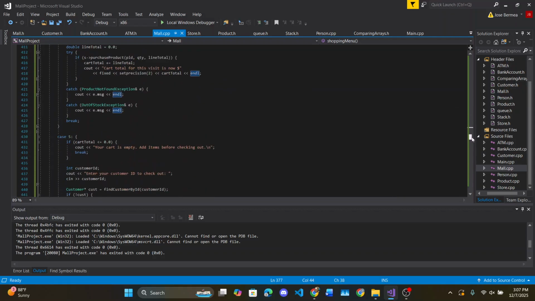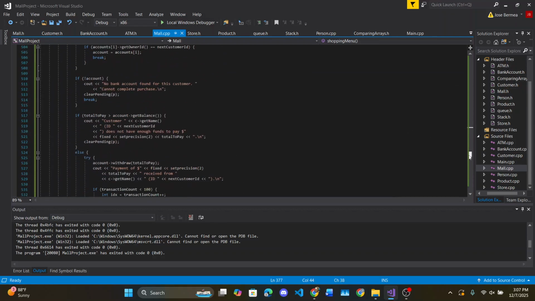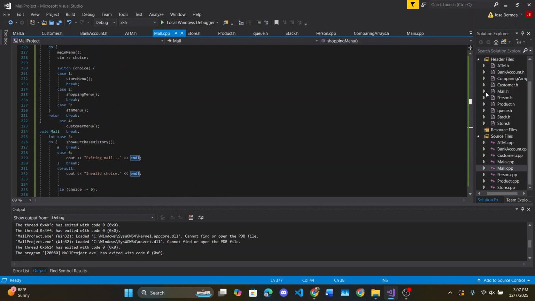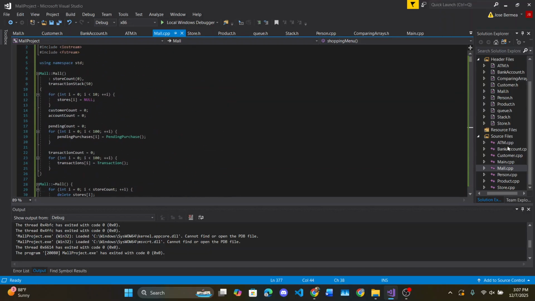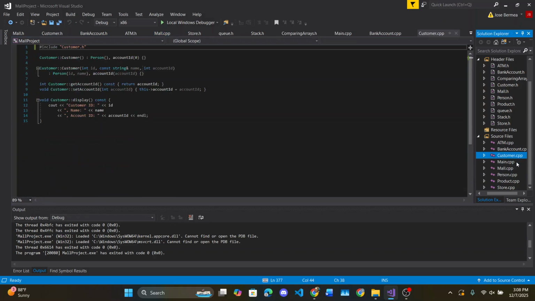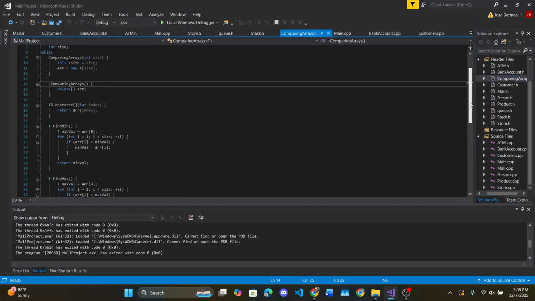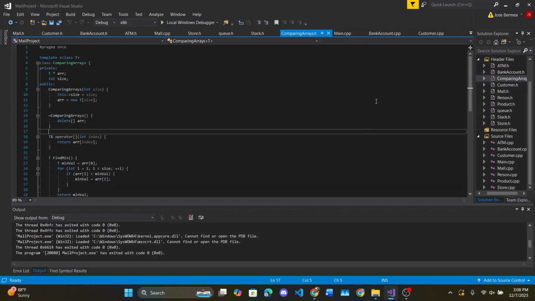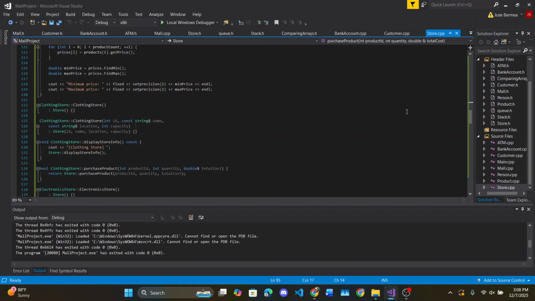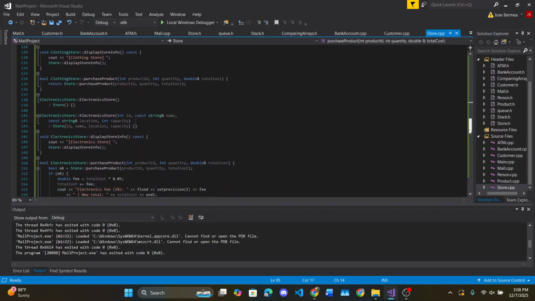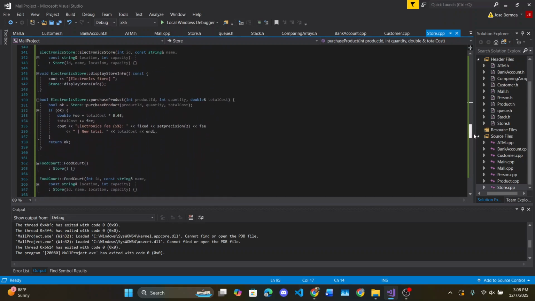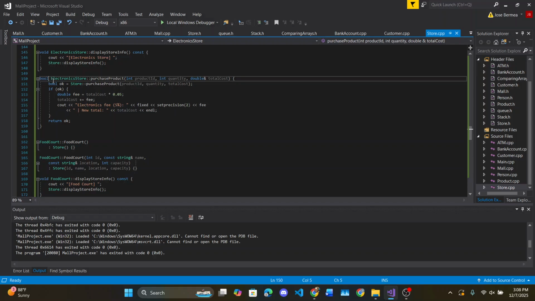And that's pretty much it. This is pretty much like the entire project. All of these are just small stuff. The store, the only important part is mostly the comparing arrays, which is the minimum and the maximum and all that. We just load all the info pretty much and just override stuff like purchase.